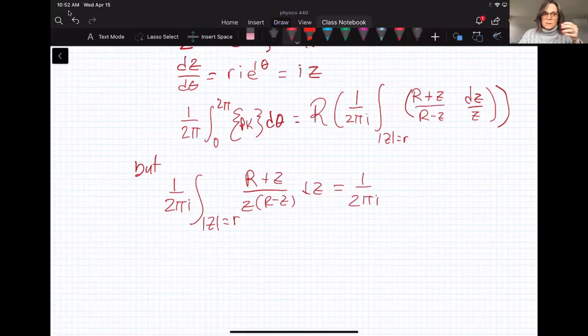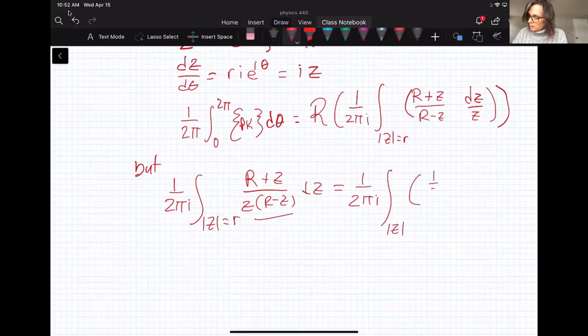One of the key things that you're going to see probably on Friday is that you need to break up the arguments for these integrals into fractions. So we can rewrite this expression as the integral over z of 1 over z plus 1 over R minus z, dz. Okay. In other words, if you combine these two, you should get what we get over here.